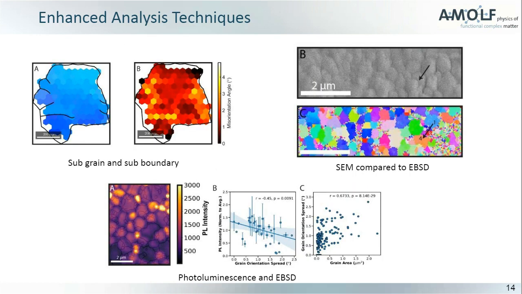And another interesting thing we found here is the subgrain and subboundary. Because of the high resolution of the EBSD detector, we can see the orientation inside one small grain. So actually it's very interesting. We found some subgrains. So basically within one grain there are two different orientations.